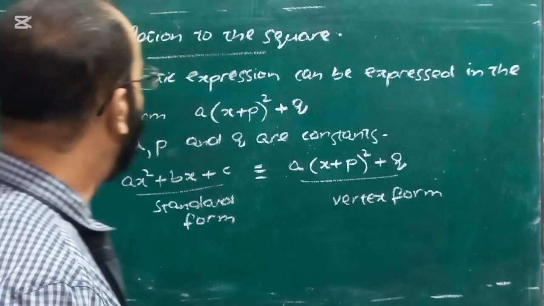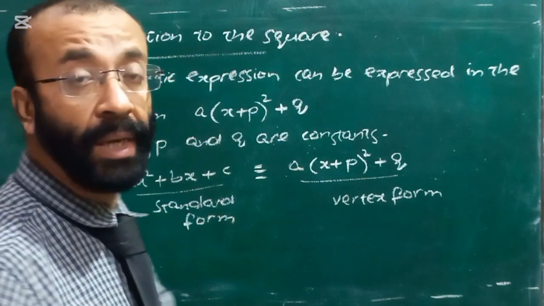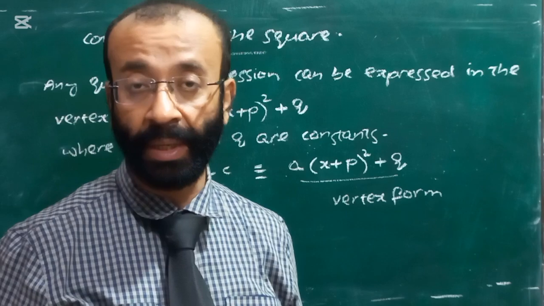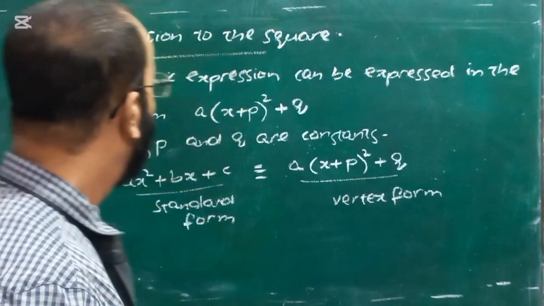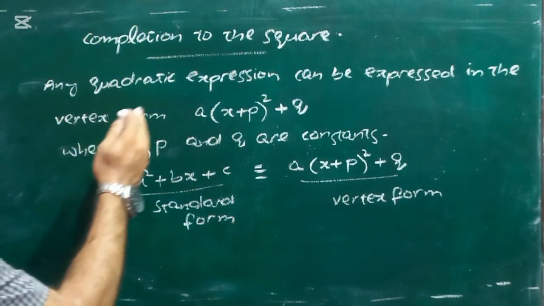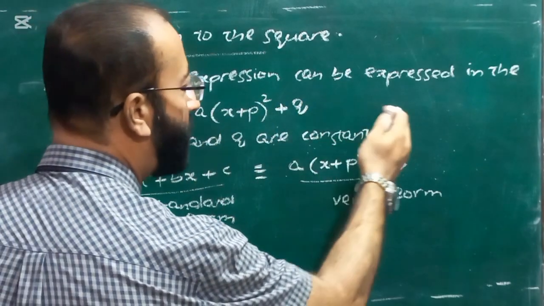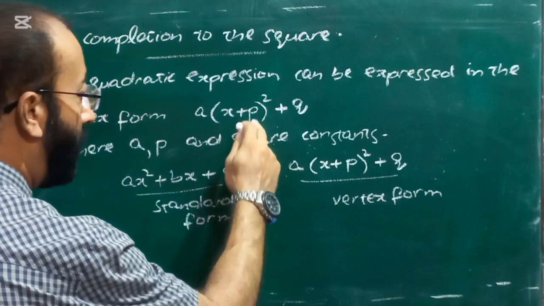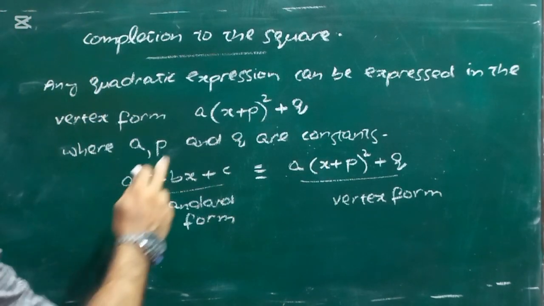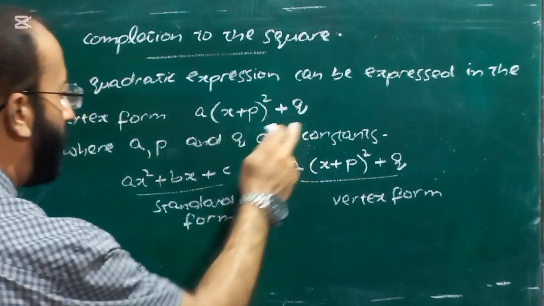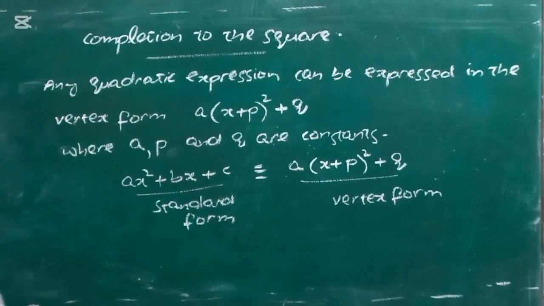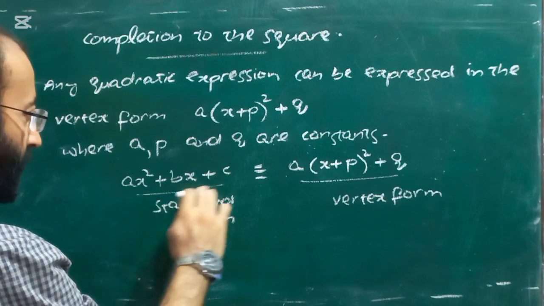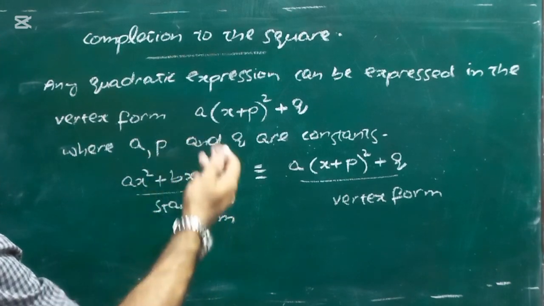Our today's topic is completing the square in the topic of quadratics in the subject of Pure Mathematics 1 in A Levels. So concentrate yourself. Any quadratic expression can be expressed in the vertex form a(x plus p)² plus q, where a, p and q are constants, and ax² plus bx plus c is the general type of the quadratic expression.